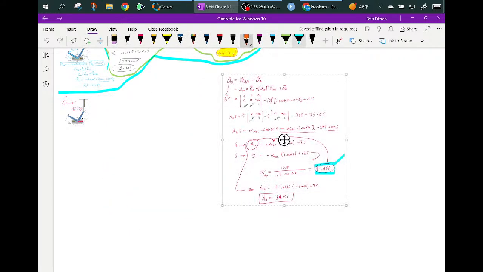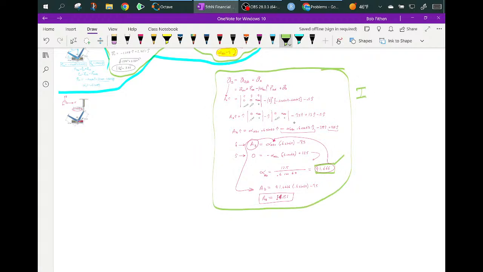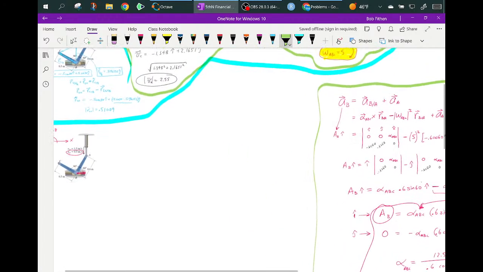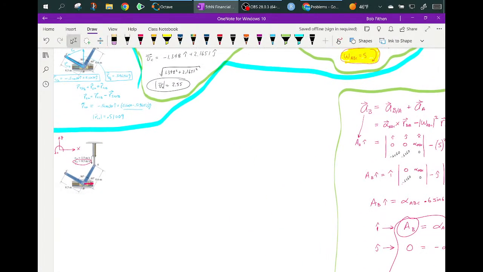We will say this is its own entity here. Our issue is that now we need to find the acceleration of C, which is equal to the acceleration of C relative to what? B or A, because they're all in the same link.